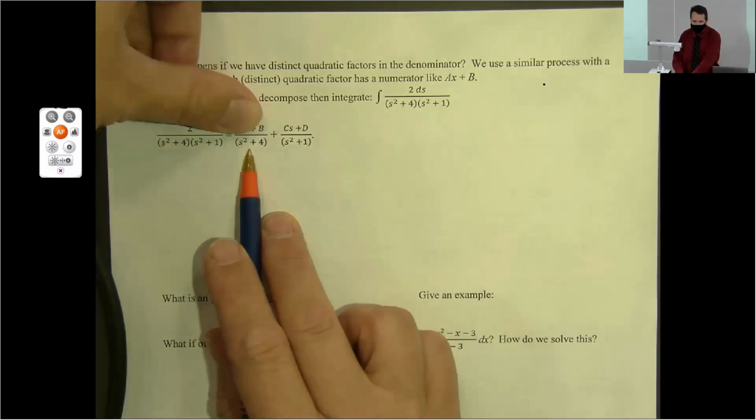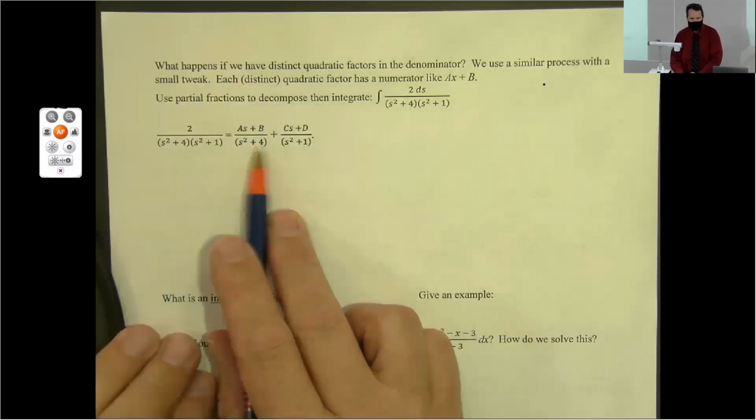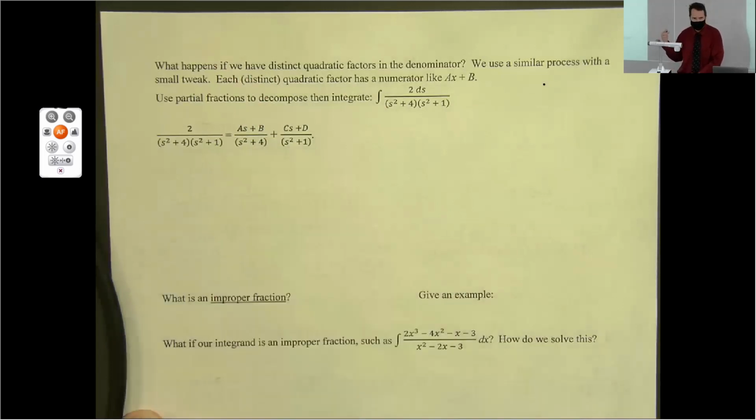It could be a linear term. Similarly, this one could be a linear term. But the good news is we're going to play the same game again. So we're going to multiply by our magic 1.